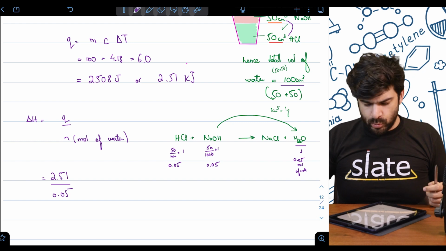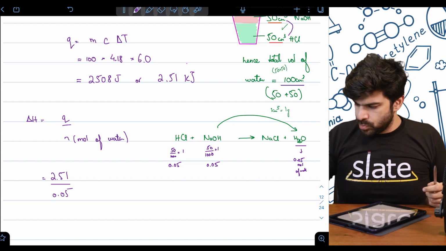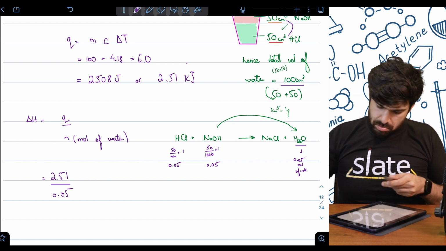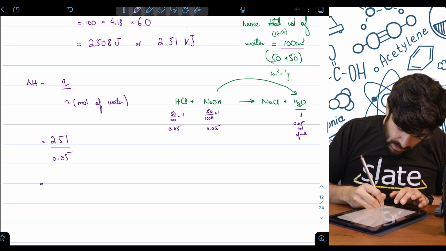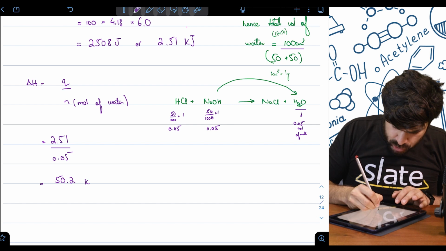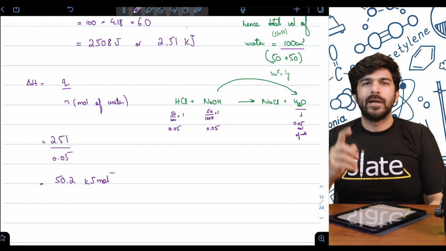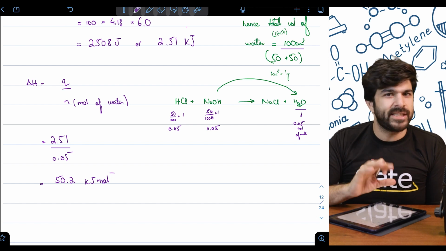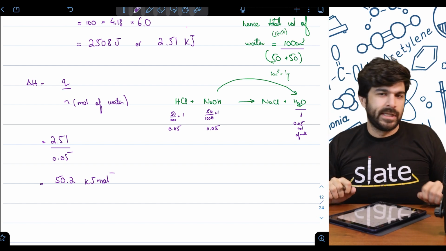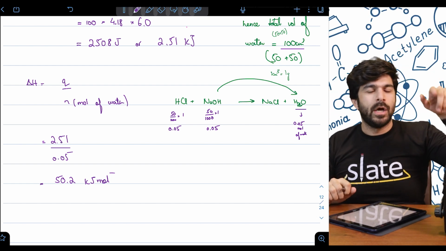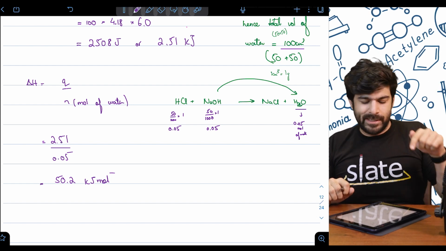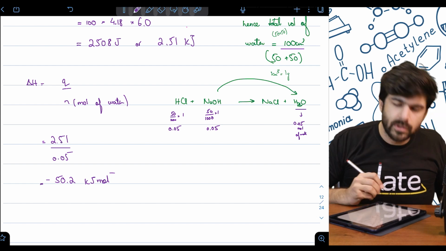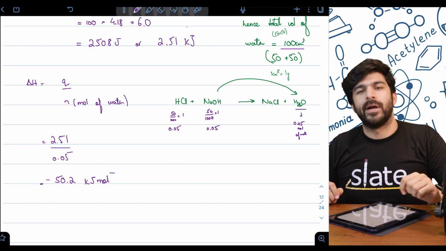So the answer in this case, students, will be 50.2 kilojoules per mole. And guess what? It's the enthalpy of neutralization. Even though they say it's a temperature change, they don't tell you if it's being raised or not. You should know that enthalpy change of neutralization is always exo, so negative. That you have to add.